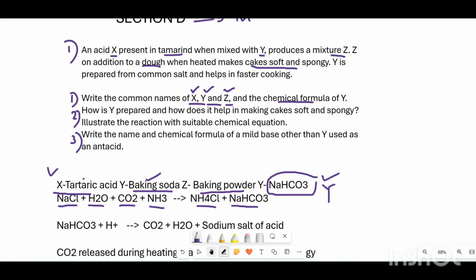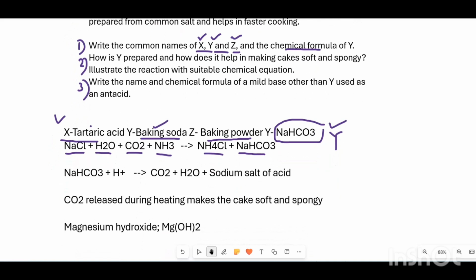Now, for making cakes soft and spongy, sodium hydrogen carbonate or baking soda reacts with H plus and carbon dioxide gas will be liberated. And this liberated carbon dioxide during heating makes the cake soft and spongy.